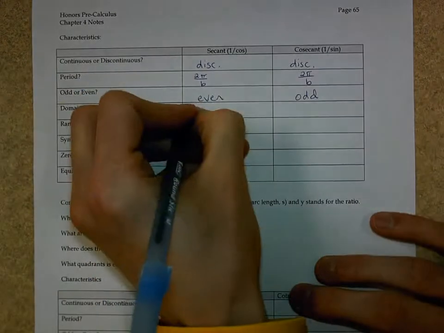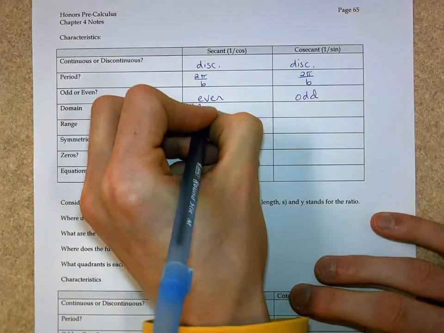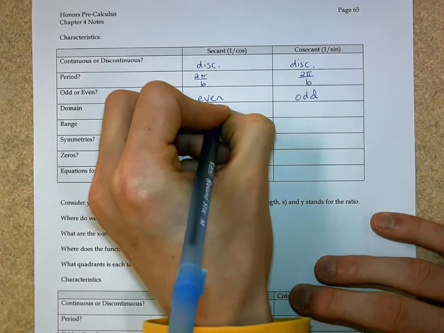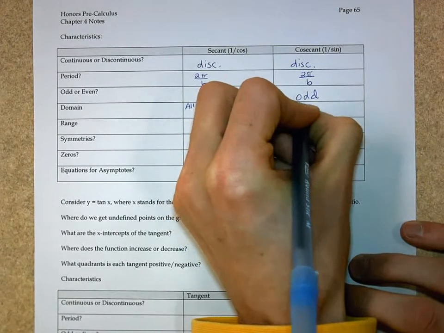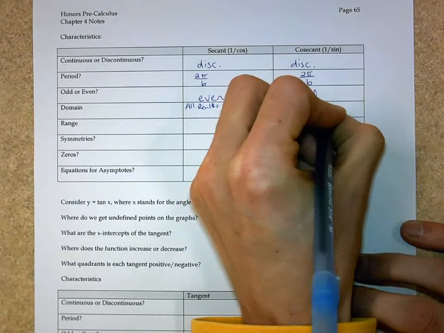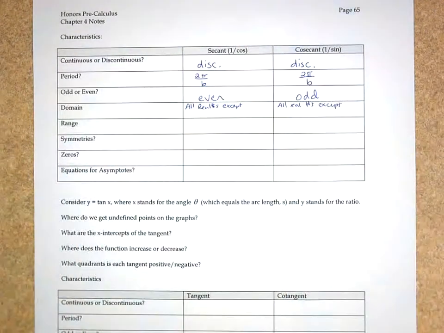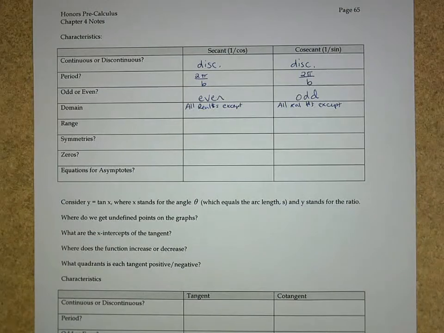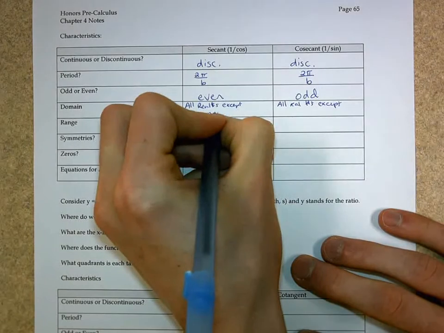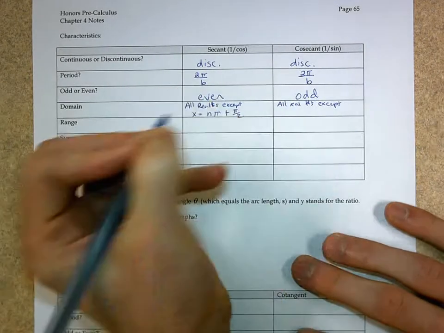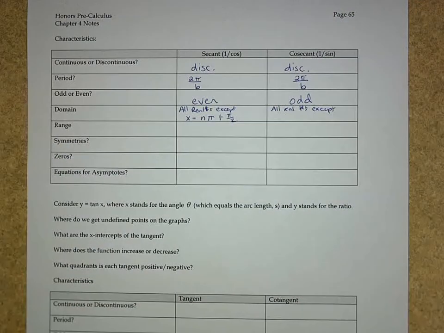The domain, we have all real numbers except where we had the asymptotes. And if we write this in an equation, our asymptotes occur at pi over 2 intervals for cosine.